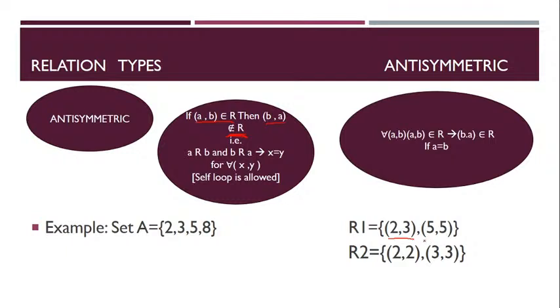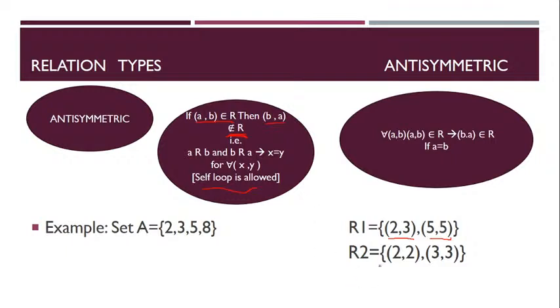And look carefully, a self loop 5 5 is mentioned in the R1 relation, and yes, self loops are allowed. So in case of the antisymmetric property, if AB is present in the relation, then BA must not be there, and no bidirectional edge except self loop.